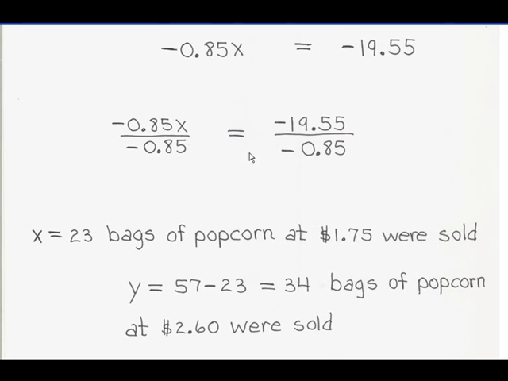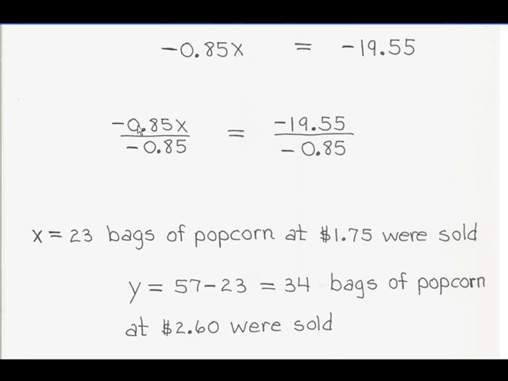So we will divide both sides of the equation by negative 0.85. That's called the division property of equality. Whatever operation I do on the left side, in order to maintain the balance of the equation, I must perform the same exact operation on the right.